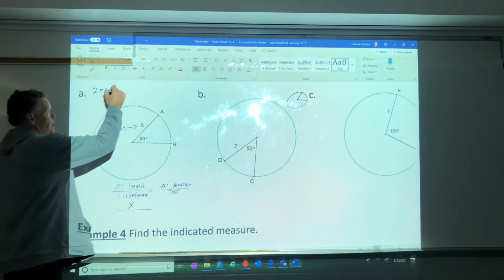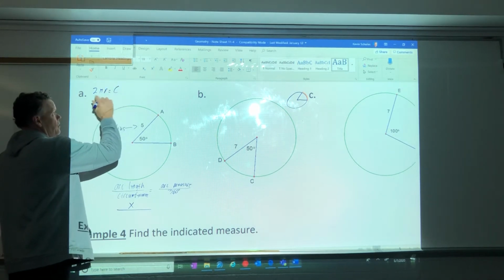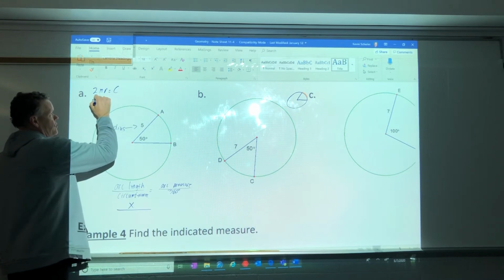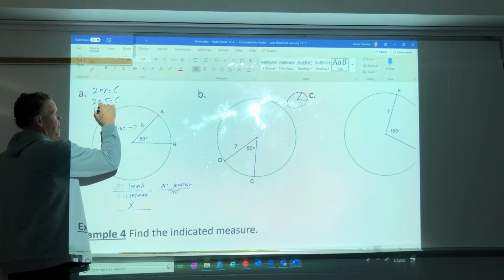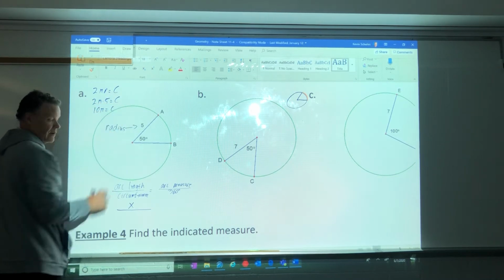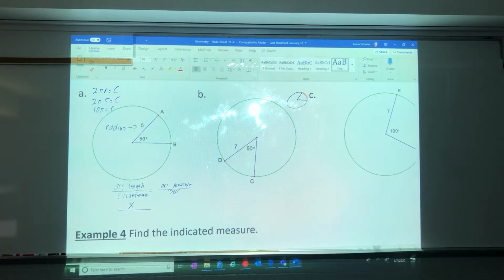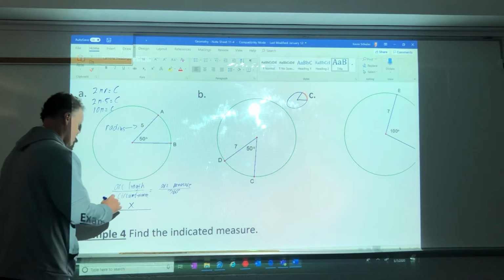So in this case, we're going to say that 2 times pi times 5 equals our circumference. 10 pi equals our circumference. And if we multiply 10 times the 3.14, I'm just using 3.14, we're going to get 31.4. Okay.